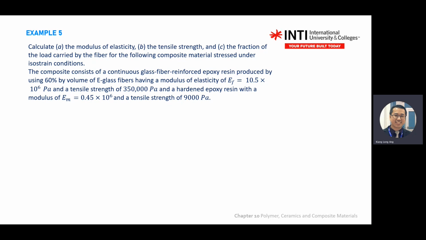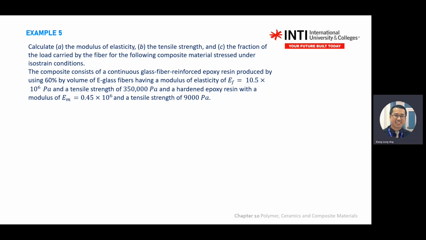It is produced using 60% by volume of glass fiber, having a modulus of elasticity, so it gives you EF equal to something, and the tensile strength is something. The hardened epoxy, this is the matrix, has a modulus of something and tensile strength of something.